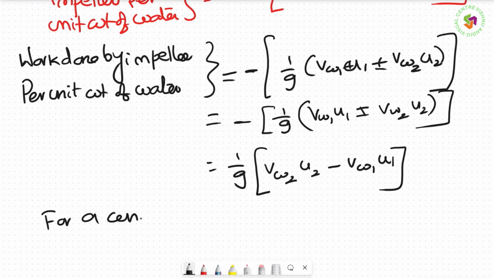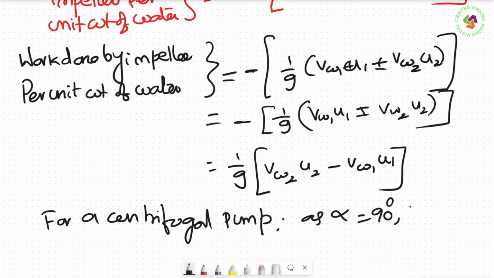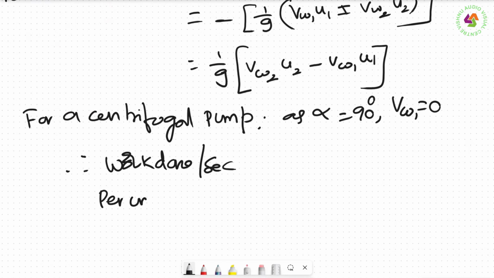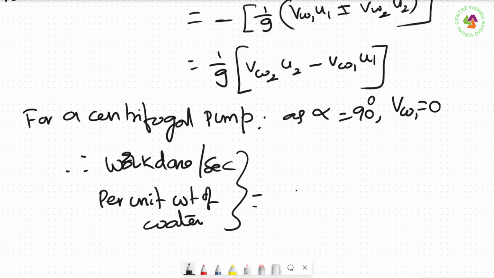For a centrifugal pump, as alpha is equal to 90 degrees, VW1 is equal to 0. Therefore, work done per unit weight of water is equal to 1 by G into VW2 U2, as the first term becomes 0.